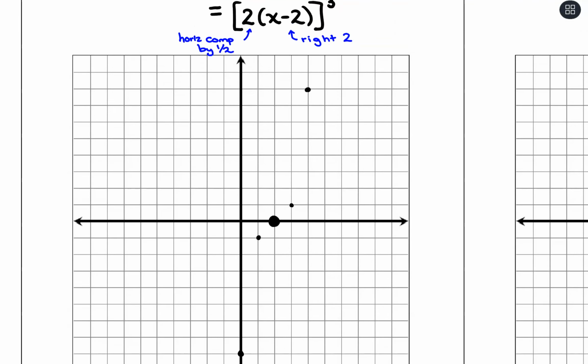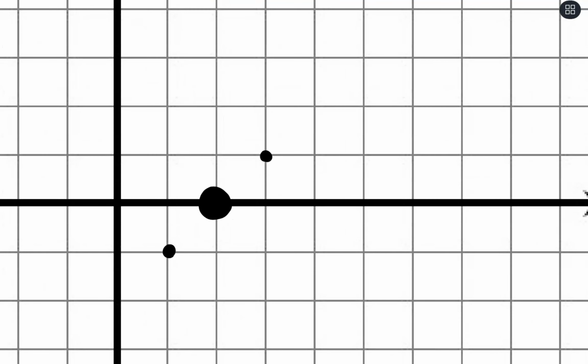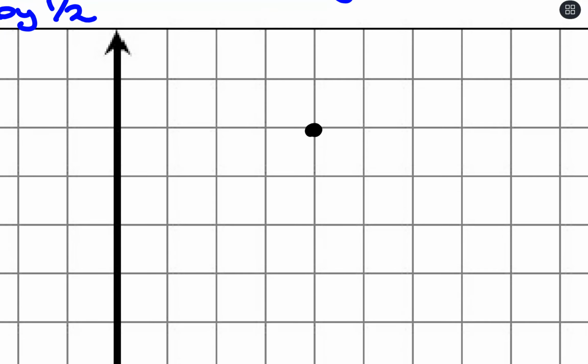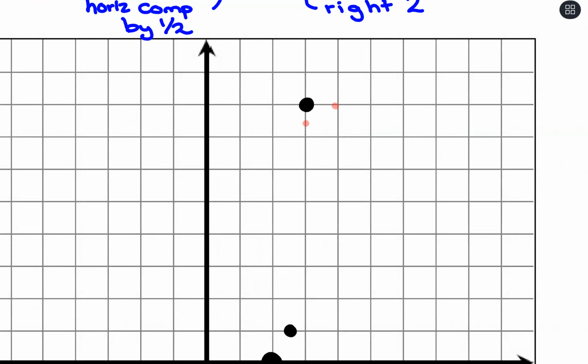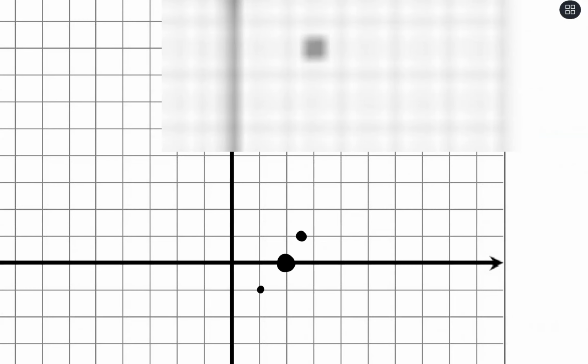So we have a horizontal compression by 1/2. So what I'm going to do is where I see this horizontal distance of 1, we're cutting that in half. And then this horizontal distance of 2, cutting that in half. When I'm saying horizontal distance, I'm thinking from the vertex. So that was a 2, but then we cut that in half. And then same thing down here.